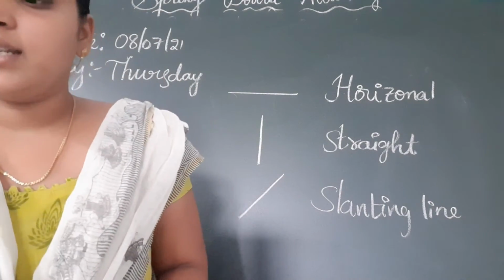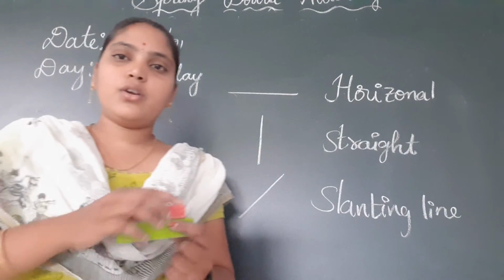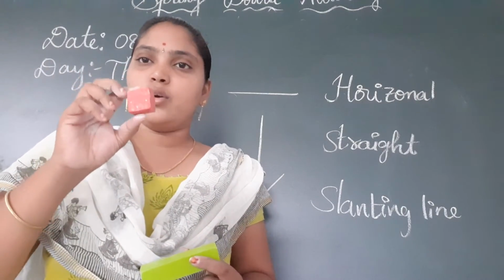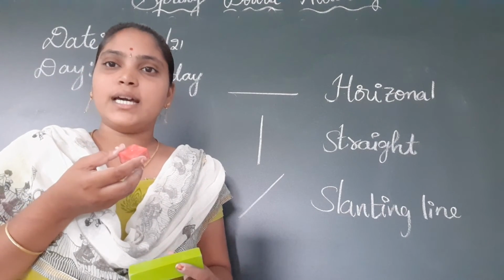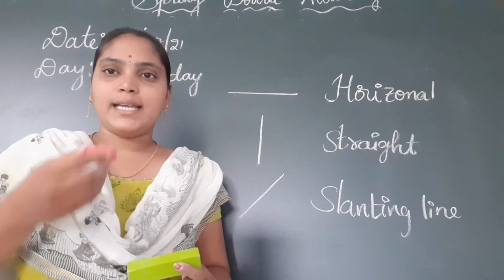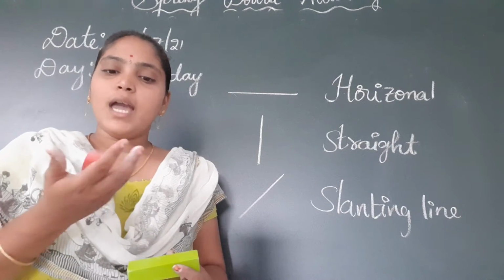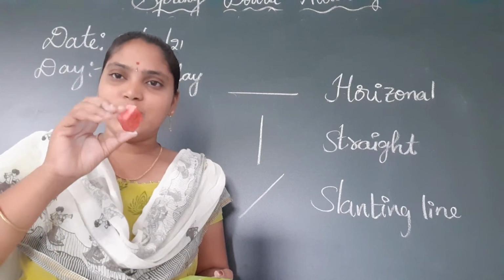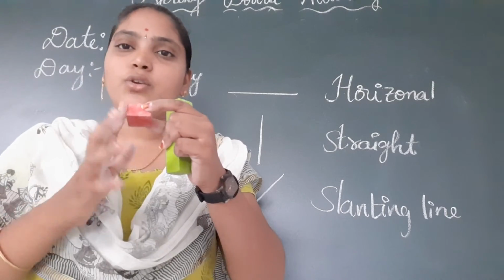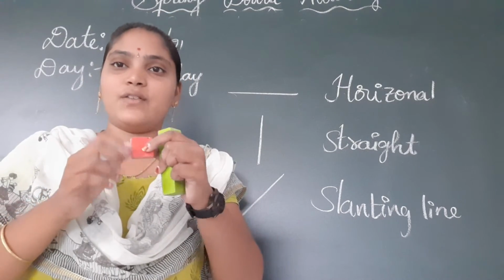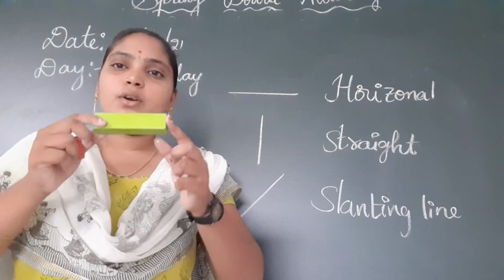So first we discussed cube. Can anyone give an example of a cube, children? Dice is an example of cube. And you have to check, children, does this have flat surfaces or curved surface? Yes, children, a cube has only flat surfaces. Next shape, cuboid.